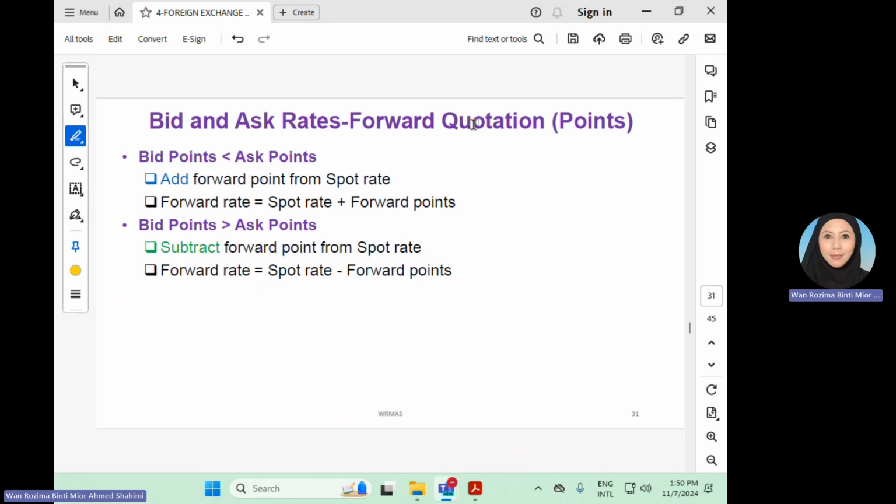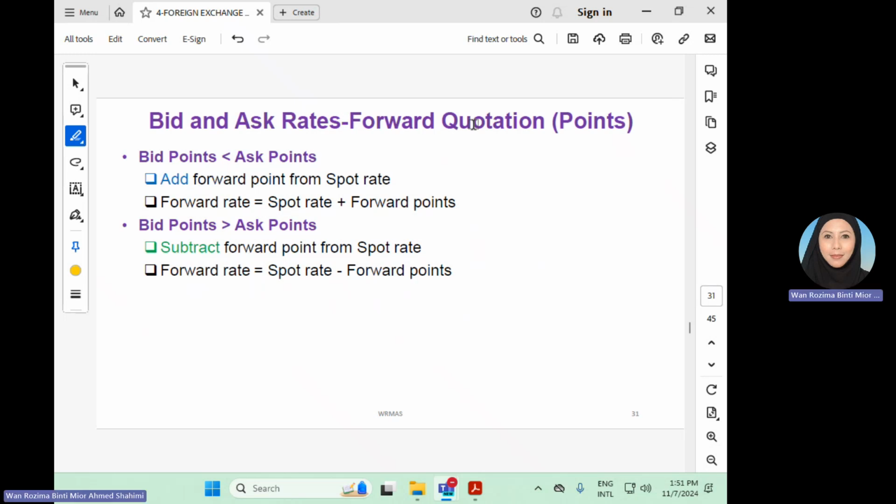You have to check the difference between bid points and ask points. Just now it was bid price, ask price. Now it is bid points, ask points. Different, yeah? The points are for forward.